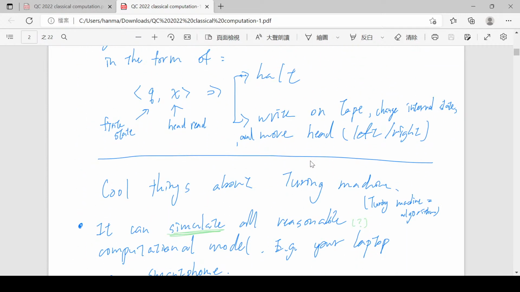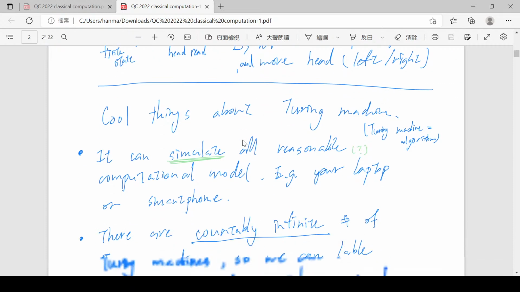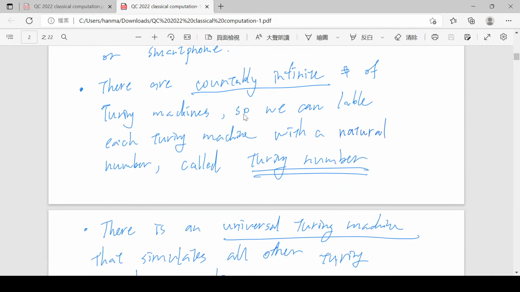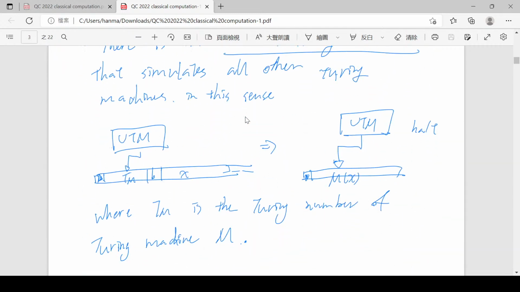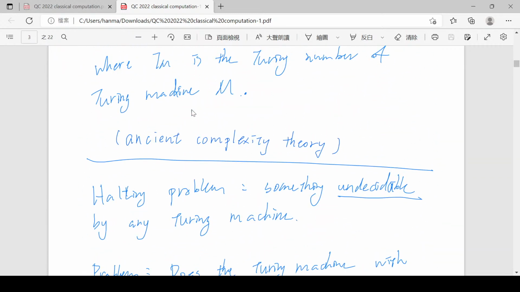So, yeah, the very basic question about a Turing machine you can ask is, does it halt or not? And this brings us to, I guess, the world's first complexity theory study on computer science. This is a complexity theory when people don't have computers.